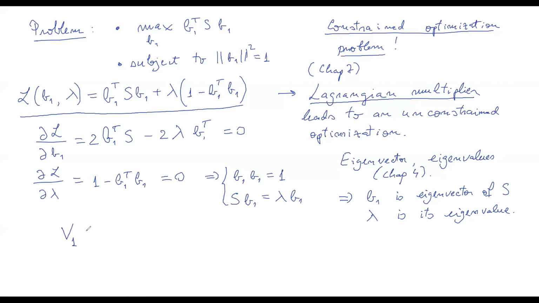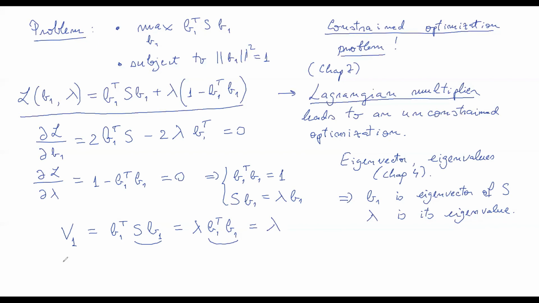So this was all about maximizing the variance, and the variance was exactly B1 transposed S B1. I'm sorry, there is a mistake here. This is B1 transpose B1. So S B1 is equal to lambda B1, so we are getting this is equal to lambda B1 transpose B1. And now B1 transpose B1 is 1, so this is equal to lambda.